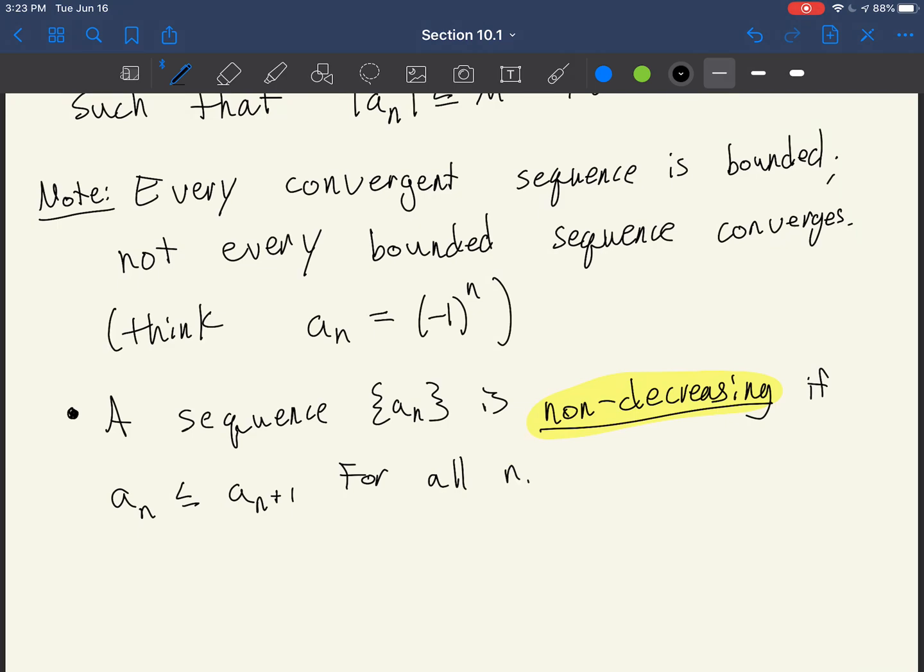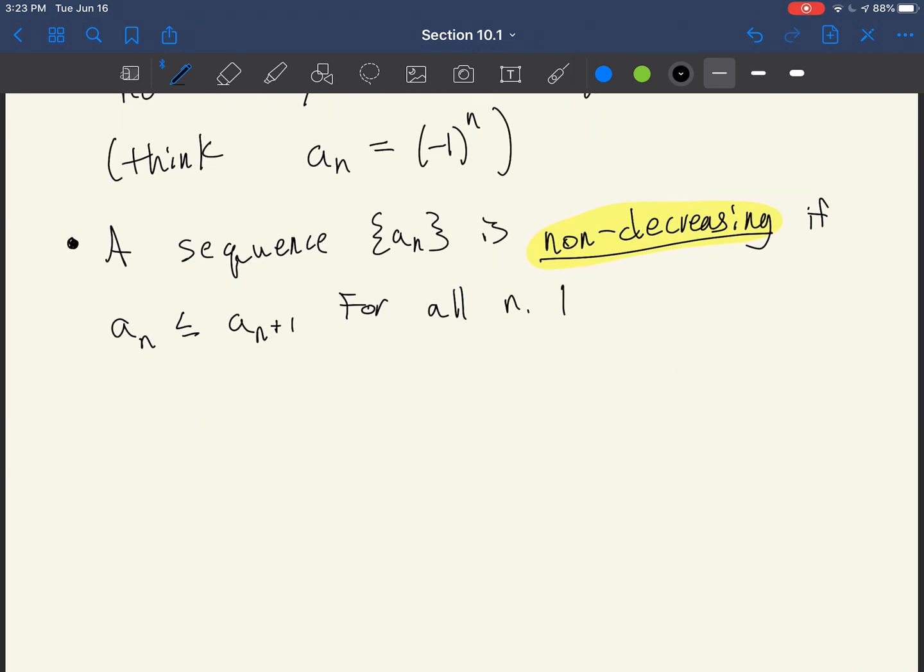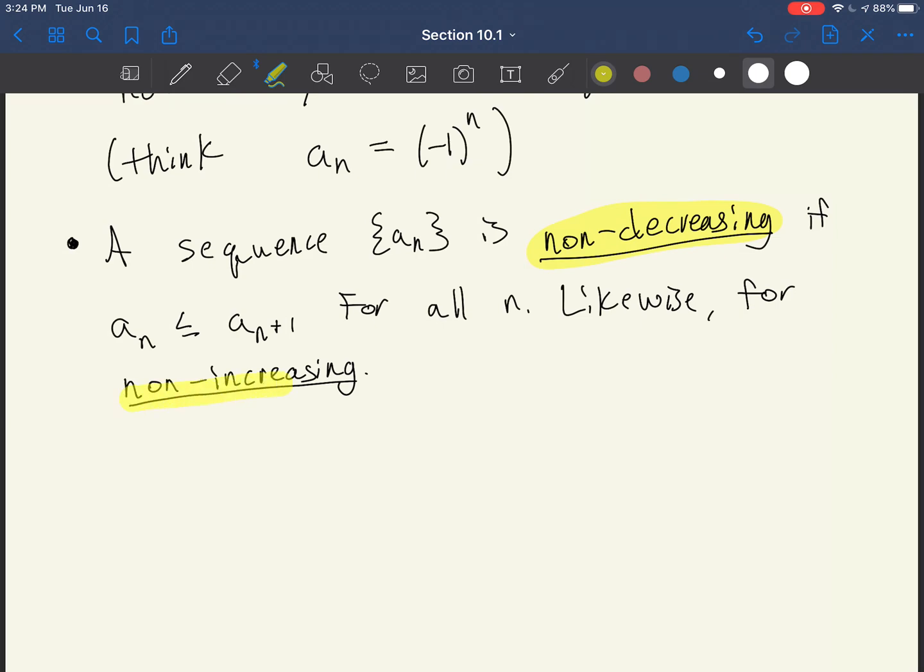So that is just saying that at no point does it ever decrease. And we have something similar, so likewise for non-increasing. So if it is always just going down, never does it go up.